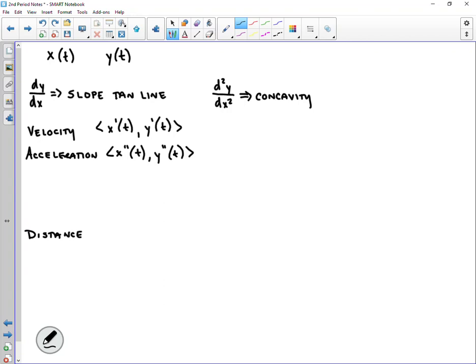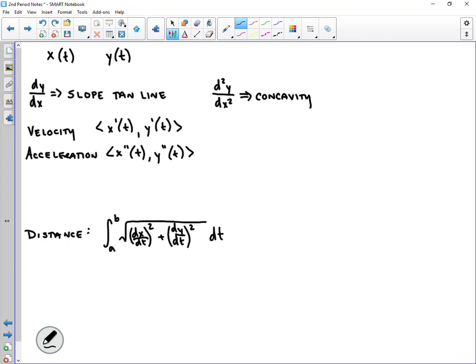Now distance in regular mode is the integral of the absolute value of velocity, right? But distance for parametrics is the arc length, integral a to b of square root dx dt squared plus dy dt squared dt.